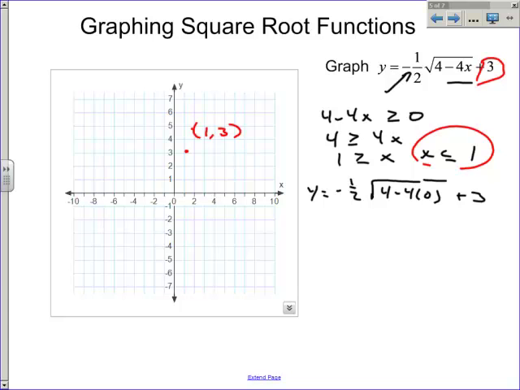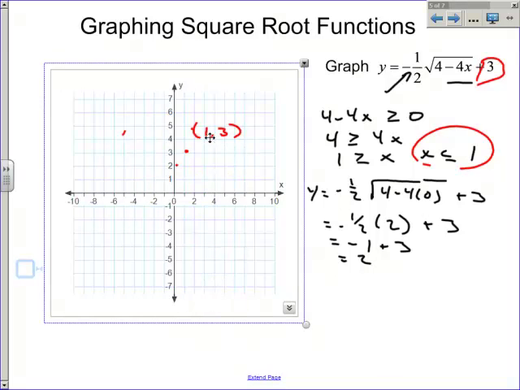The square root of 4 is 2, so I'm going to get negative 1/2 times 2, plus 3. Negative 1/2 times 2 is negative 1, plus 3, which is equal to 2. So when x is equal to 0, y is equal to 2. I also have the point 0, 2 on my graph.